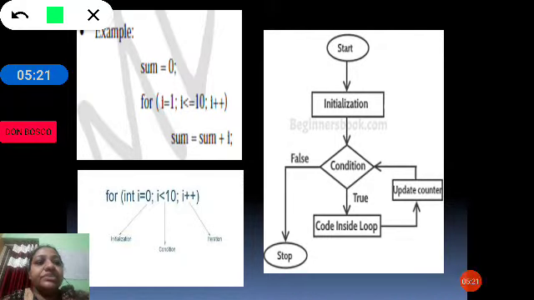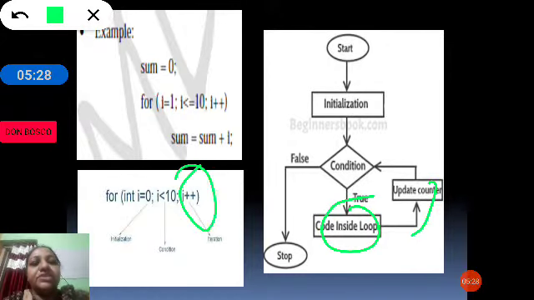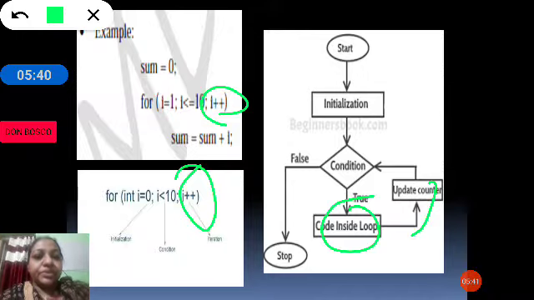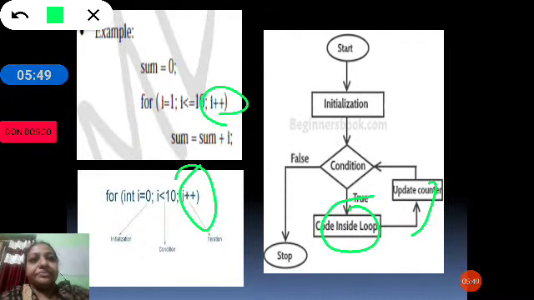If the condition is true, then the statements are executed, and then update counter. Counter is nothing but expression 3, that will be incremented. For example, you can see here I plus plus. I plus plus means increment by 1. The job of plus plus is to increment the value by 1.